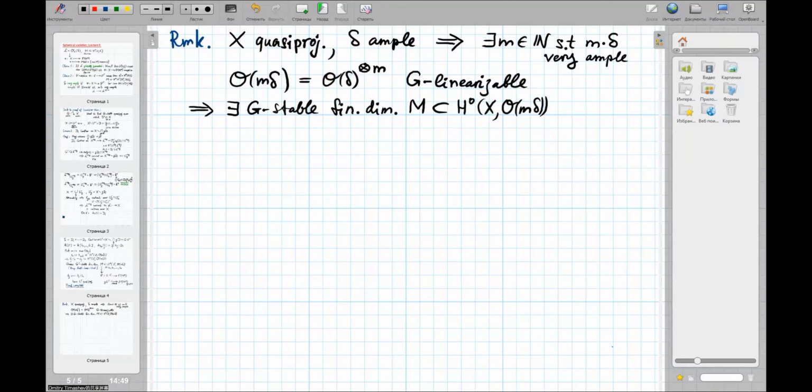Well, for any number divisible by m, this is true. Divisible by m. So the multiple we choose such that G-linearizability exists is the least common multiple of the very ample index and the linearization index? Yes, something like this, exactly.